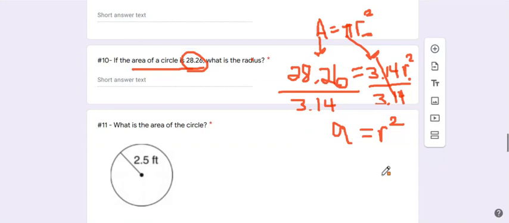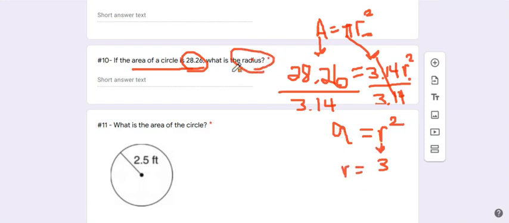So some number squared equals 9. What number multiplied by itself would give you 9? That would be 3, right? Isn't 3 squared 9? 3 times 3 is 9. So r must equal 3. That is the radius. So I'm going to put in 3. The radius of this circle is 3.